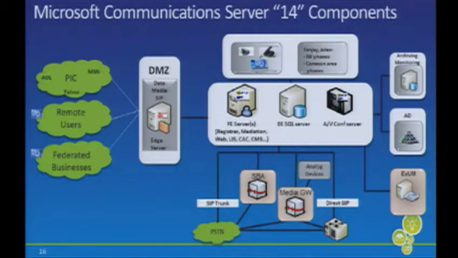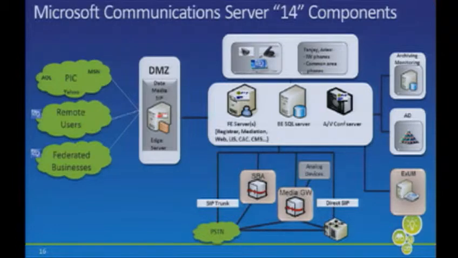So what are the components when we actually break that out? So this is logical, okay? So not necessarily physical boxes. As I say, you can virtualize all this and put it into a single spot. So in the DMZ, we have this consolidated edge server, all right? Typically, most organizations, whilst you could virtualize that inside, you'd want it physically isolated for security purposes. So this straddles your internal and external networks, okay? And it's what allows those remote users to come in.